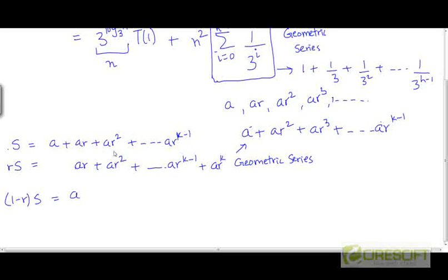When this ar squared is subtracted from ar squared, we get 0. So these two terms cancel out. So in effect, we have paired together most of these terms so that they all cancel out when we take a difference between the two equations here. And we'll be left with the first term of the top series and the last term of this bottom series.